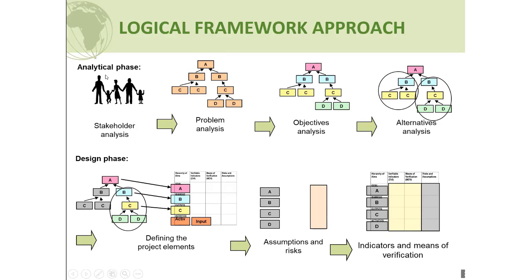And then this analytical phase will also feed or inform the design phase, because that is where you will start with assessing external factors. So you first define the project elements, which we have already looked at some of them. That's the goal, the outcome, the outputs, and the activities. And then you define those.